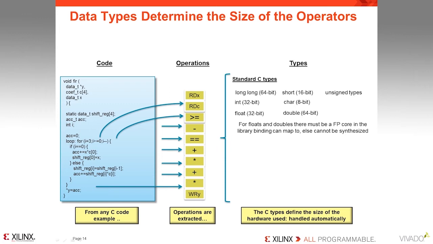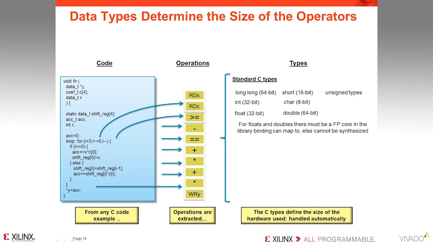But all the most common that cover maybe 80-90% of all cases are used. So what this means is that when the users synthesize this code, the size of the operators will be determined by the data type. For example, if the user calls the data type int, it will result in a 32-bit operation. So int times int is a 32-bit multiplier.